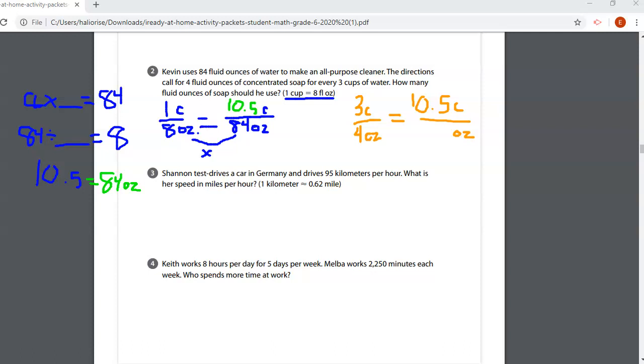Alright? So then we do it again. How do you get from 3 to 10 and a half? So 3 times something equals 10 and a half. Or 10 and a half divided by 3 equals, and that answer would be 3 and a half.